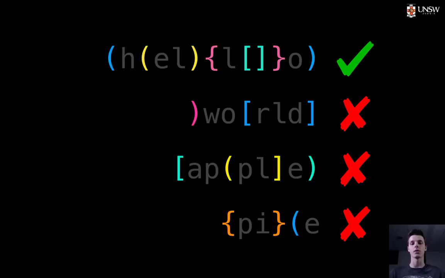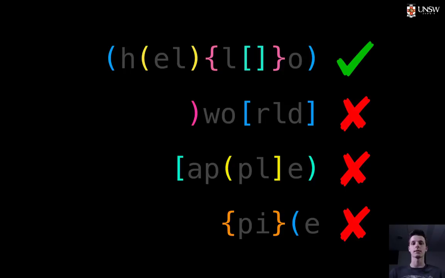And the same with the opening parenthesis, we expect to match up with the closing square bracket, but they don't match. And finally, the string pi, it isn't a bracket matching string because the final opening parenthesis isn't closed. It doesn't have a matching closing parenthesis. So hopefully that makes clear what exactly a bracket matching string is.